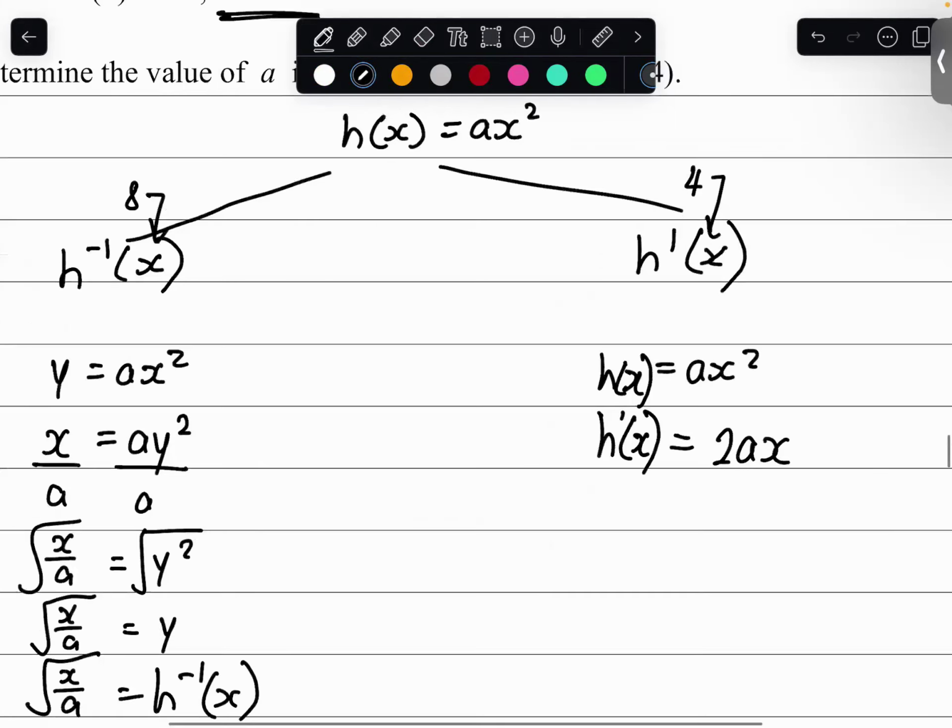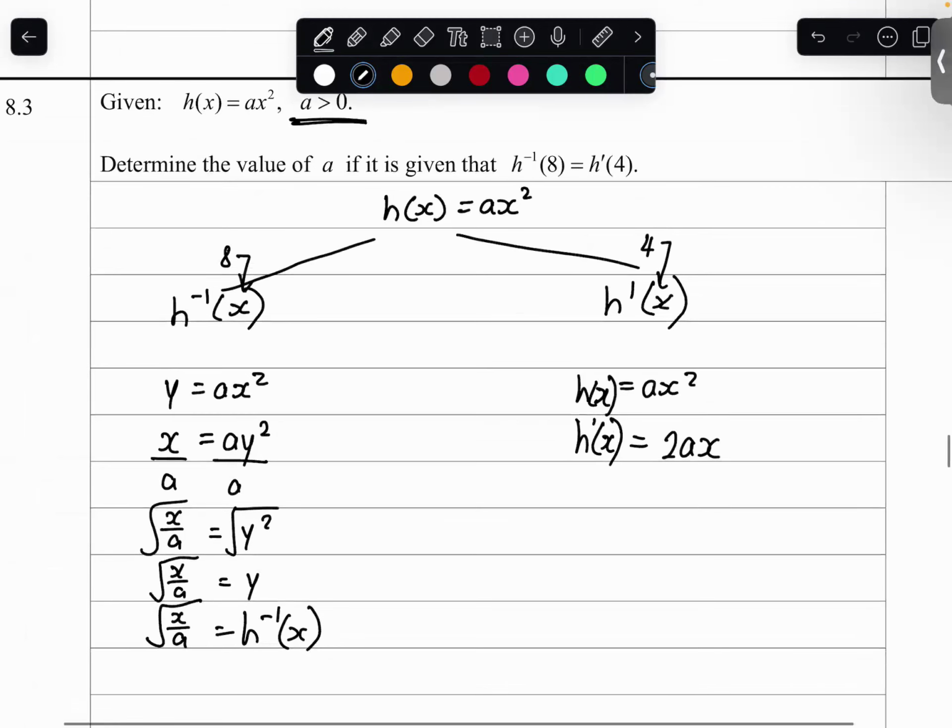All right. So at this point, you have the inverse's equation, and you have h prime x's equation, right? And they're saying that these two are equal to each other. So you're going to say that this part is equal to this part. Before we do that, let's sub in the 8 and the 4 in place of the x's.